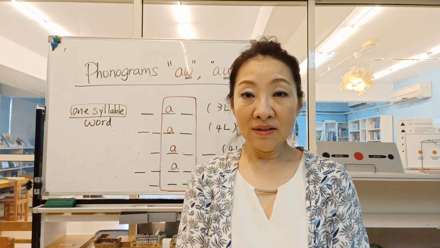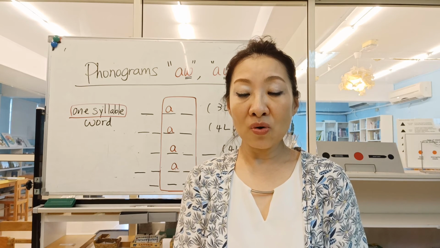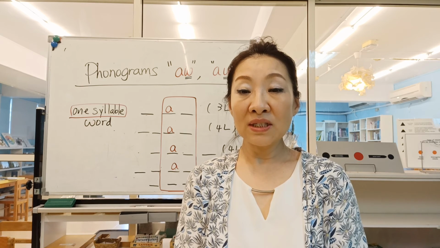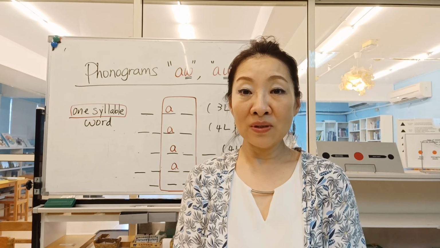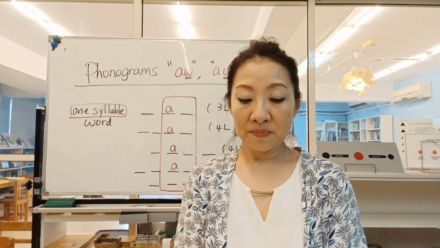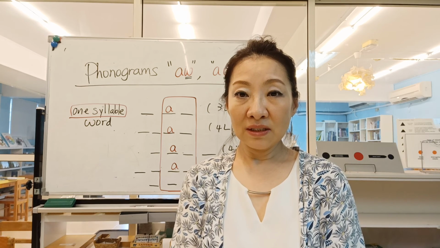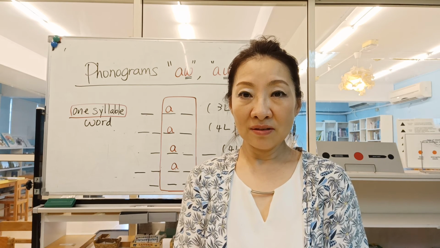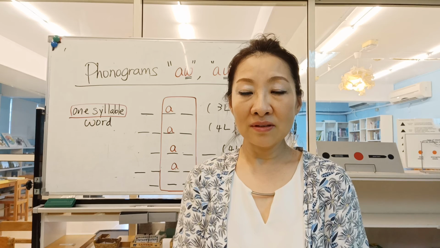Number 13, again, six-letter word, dryer, dryer. 14, 7-letter word, awesome, awesome. 15, daughter, daughter. That's the 8-letter word.